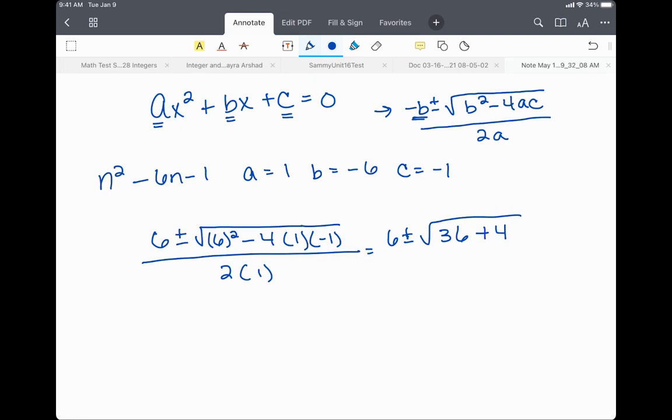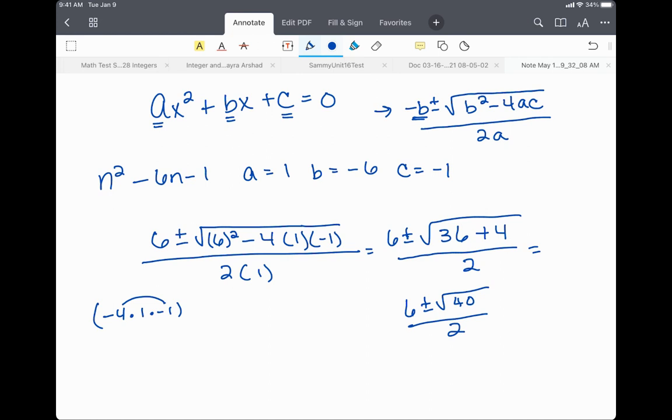Because if you look at it, you've got negative 4 times 1 times negative 1, which gives you a negative times a negative is a positive, times 1, which gives you that positive 4. Then you're going to divide by 2 times 1, which is 2. And then you add that up. So you get 6 plus or minus the square root of 40 all over 2.